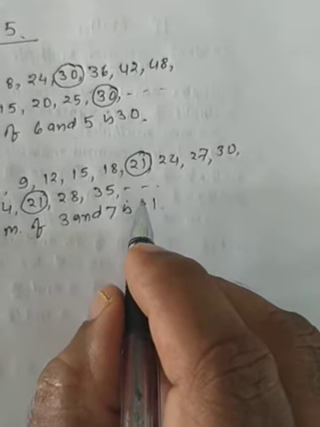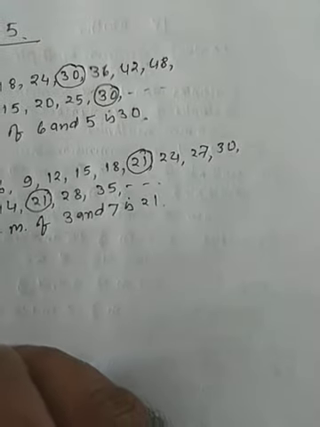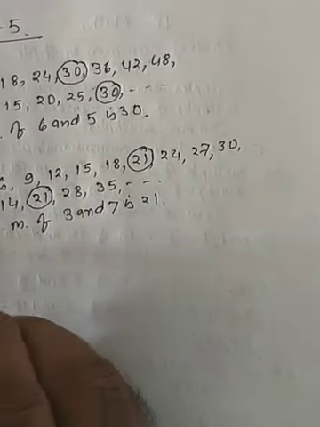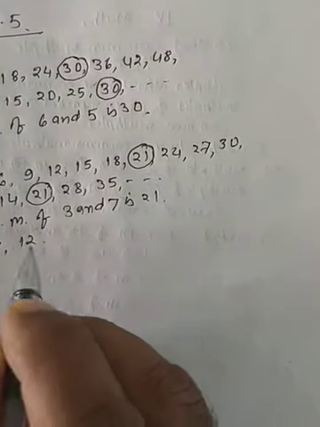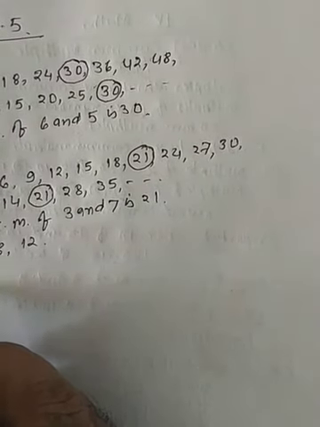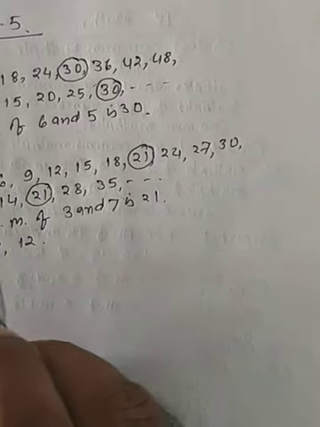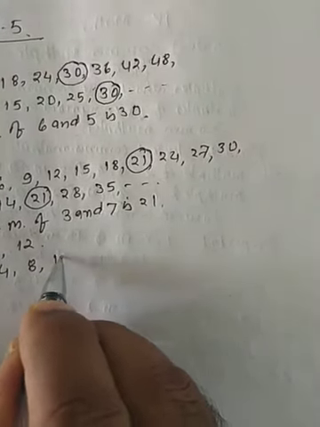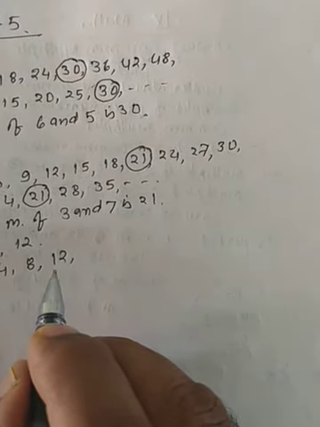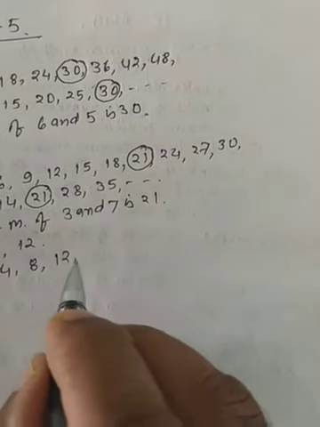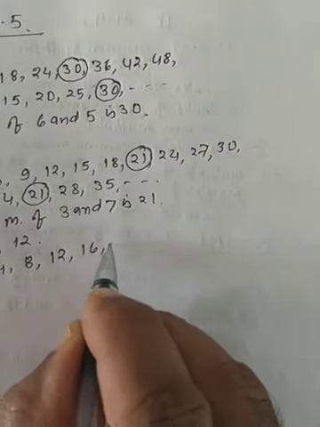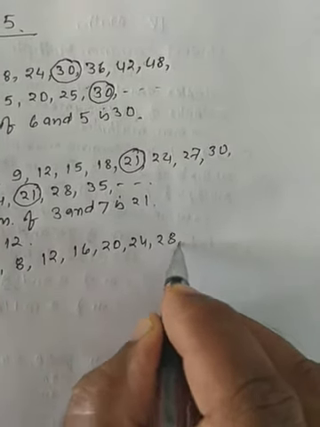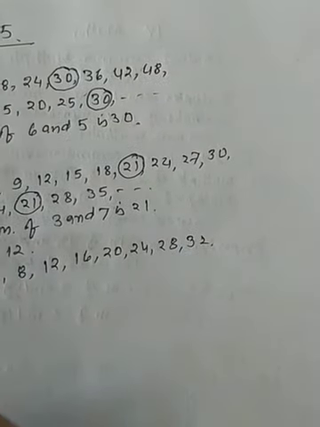Okay, E: 4, 8, 12. The multiple of 4 is 4, 8, 12, 16, 20, 24, 28, 32.